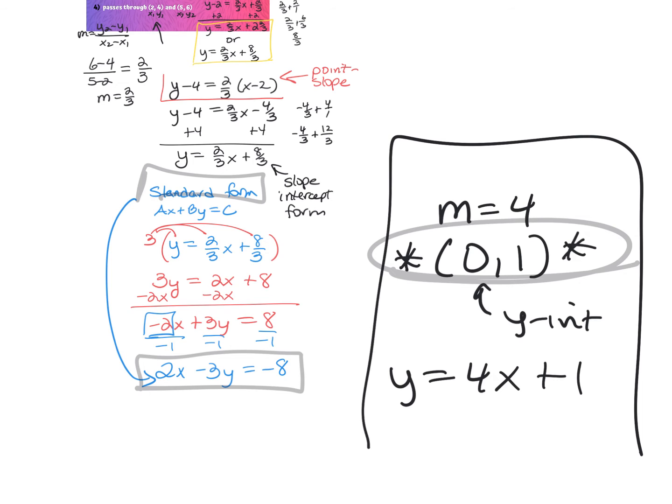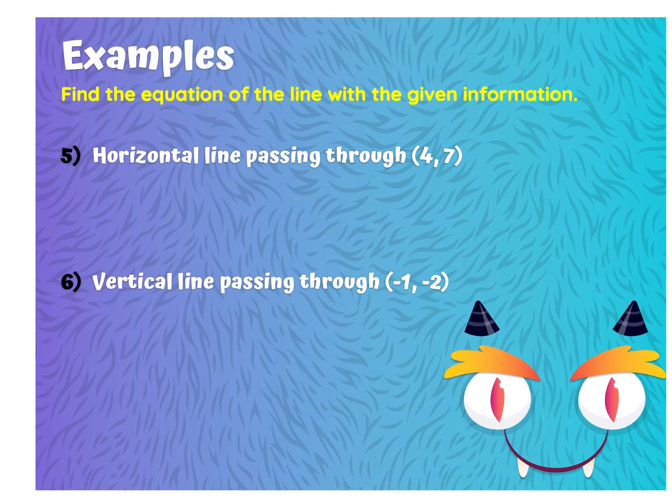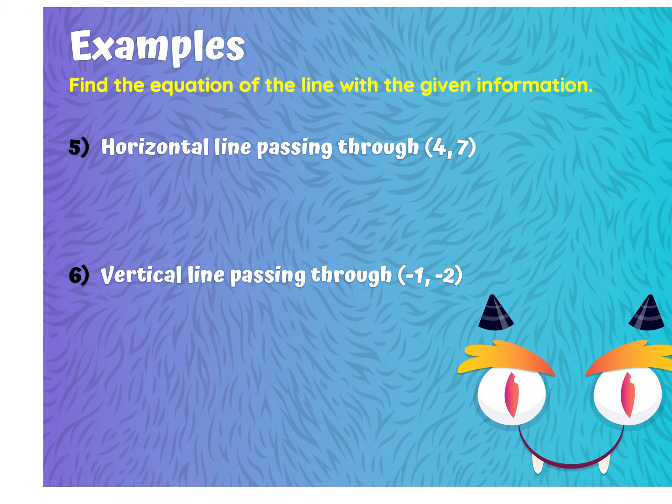Everybody good? All right. So when they want you to find equations of the line, when you're given this type of information, that you have a horizontal line passing through a specific ordered pair, remember a horizontal line has a slope of 0.